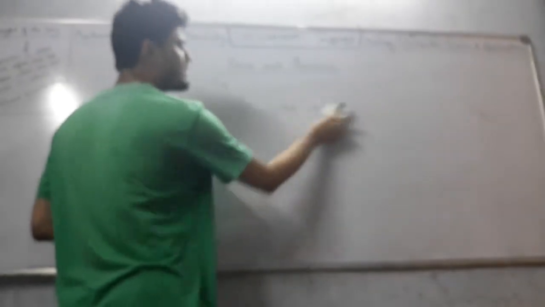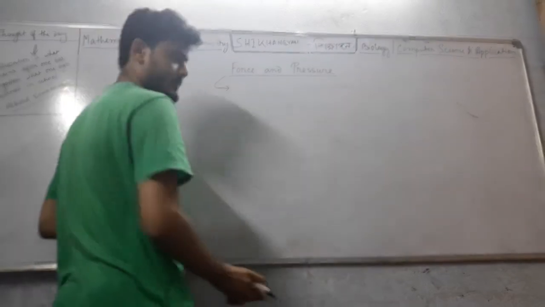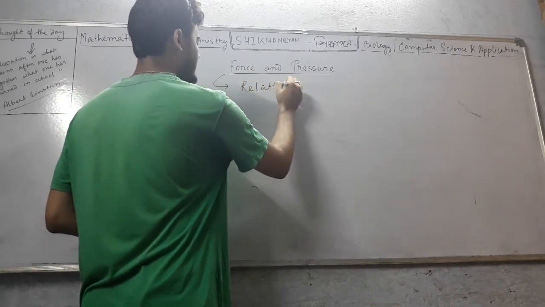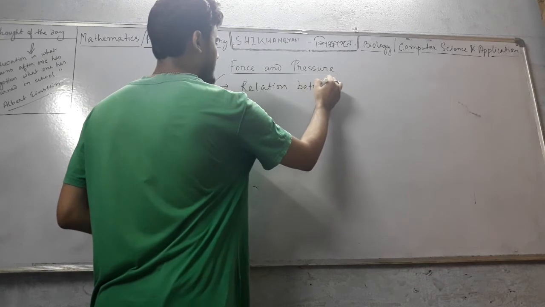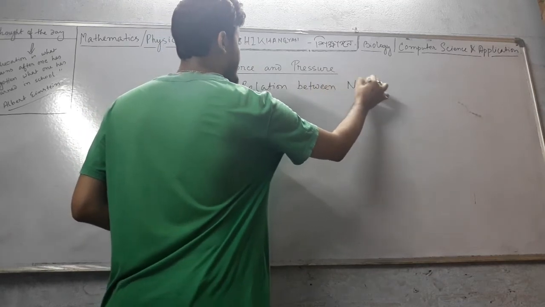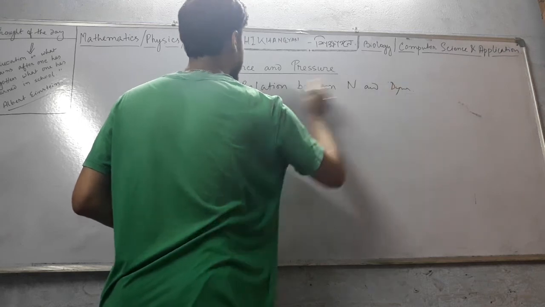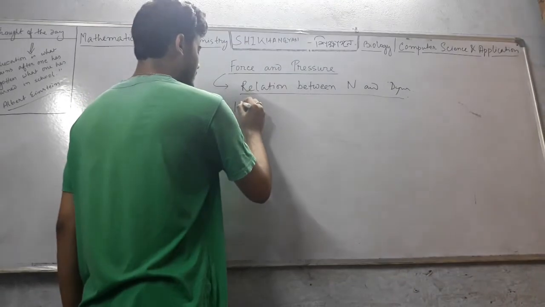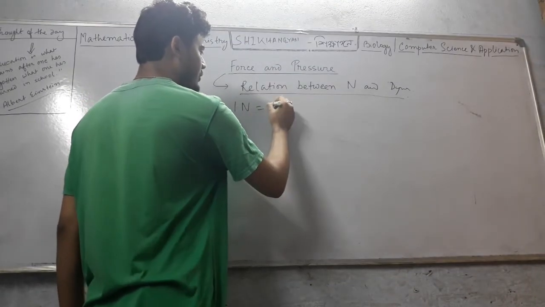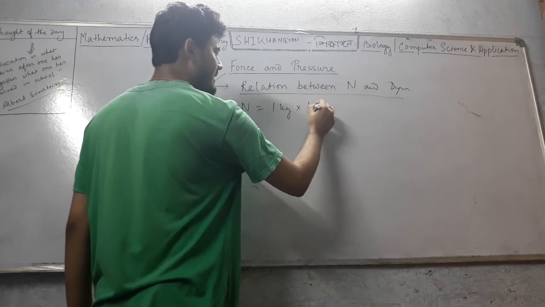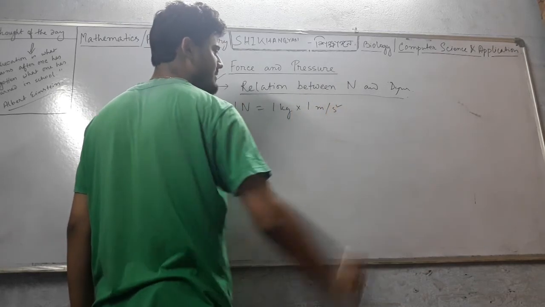Now we will see the relation between 1 Newton and 1 dyne. See, 1 Newton means 1 kg into 1 meter per second square.